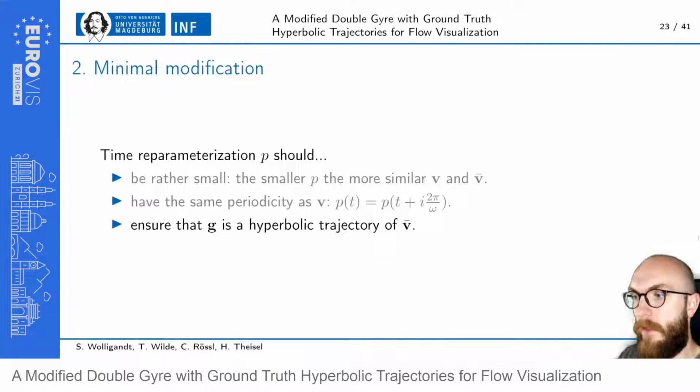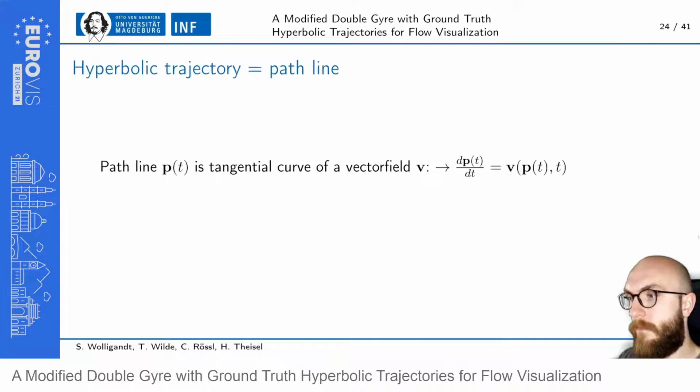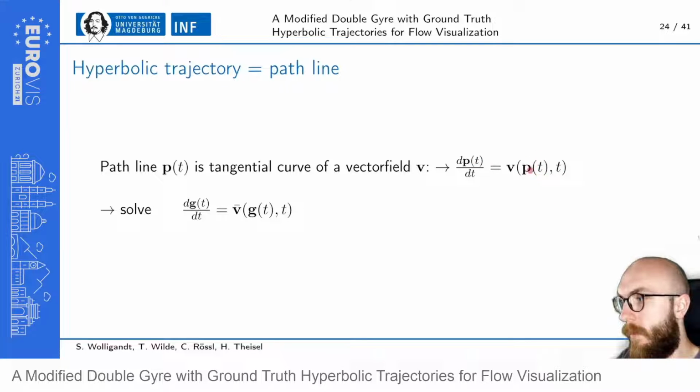Let's first take a look at the last criterion. A hyperbolic trajectory is a special path line, so let's first make sure that g is an actual path line of our modified double gyre. In general, a path line is a tangential curve of a vector field v. That means the derivative of p at some time t has to be equal to the vector of its corresponding vector field at the position p of t and at time t.